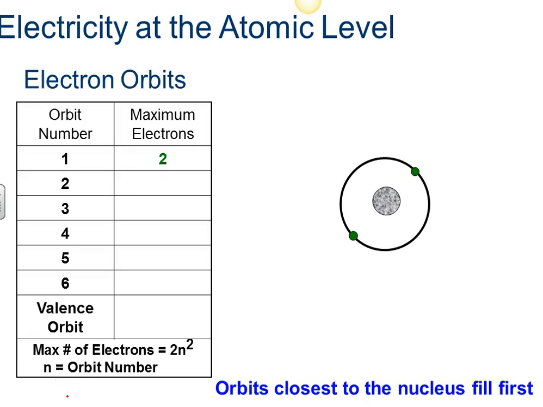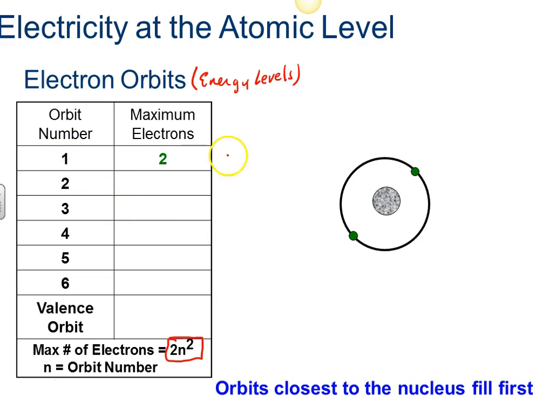According to Bohr, the electron orbits, and remember, I actually prefer the term energy level, the orbits around, or the energy levels around, are occupied by a maximum number of electrons. That maximum number is given by the equation 2n squared. Again, this is part of Bohr's model.